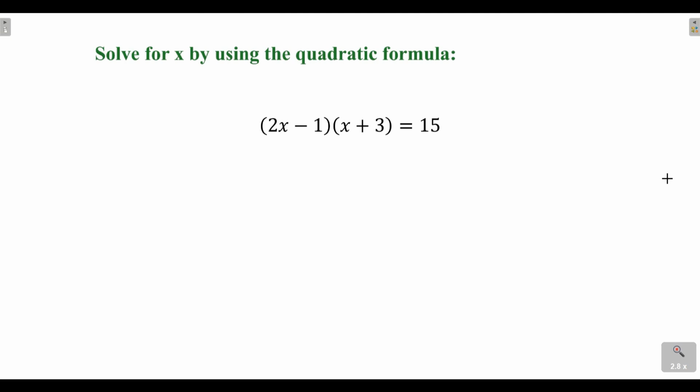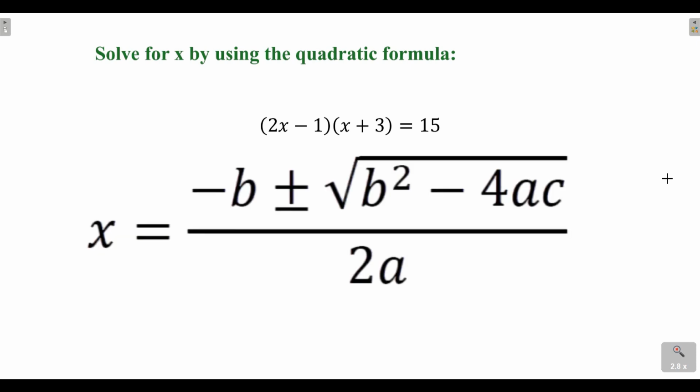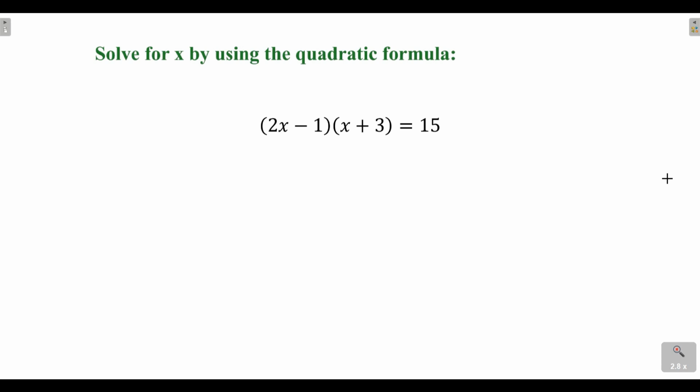So on today's video tutorial, guys, we are still solving quadratic equations by using the quadratic formula, right? In this video tutorial, we're going to be looking at this equation, where we're given (2x minus 1) multiplied by (x plus 3) is equal to 15.